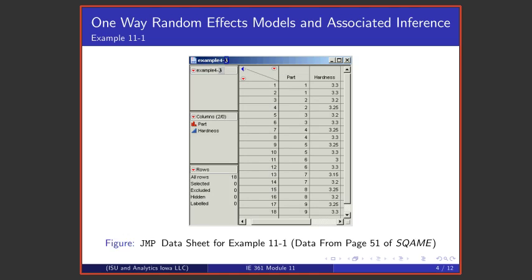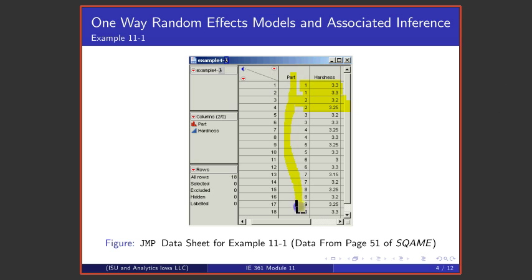Here's a data sheet for the JUMP software, and you can see here that part number 1 has measured hardness 3.3 and 3.2. Part number 2 has measured hardness 3.2 and 3.25, and so on.